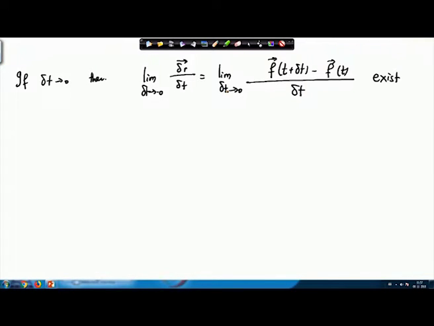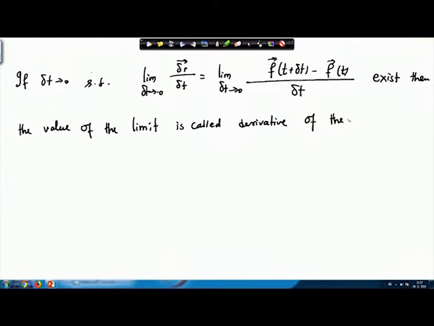So, if delta t goes to 0 such that this limit exists, then the value of the limit is called the derivative of the vector function f, and it is denoted by dr dt.